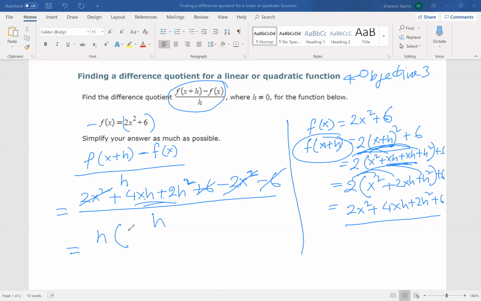So I have h times 4x plus 2h, divided by h. So we can cancel the common factor of h from both numerator and denominator. So finally, we end up with 4x plus 2h, which is the answer for this.